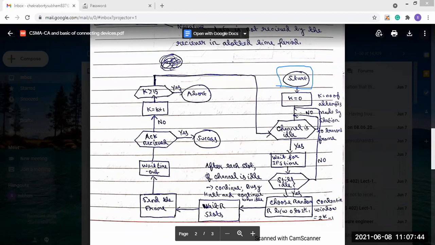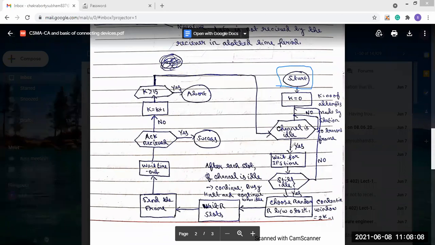Then what will it do? It will sense whether the channel is idle. This is done by the station, which checks whether the channel is idle or not. If the channel is idle, the station does not send the frame immediately.